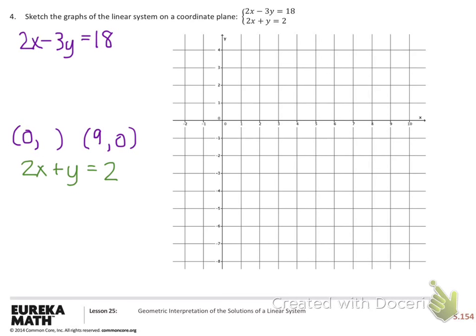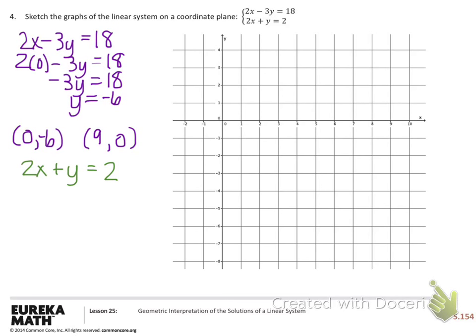So when y is 0, x is 9, and when x is 0, 2 times 0 minus 3y is equal to 18. So negative 3y is equal to 18, and y would be negative 6.